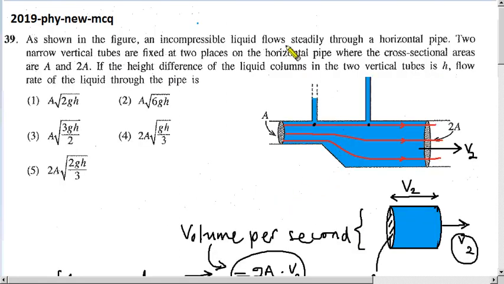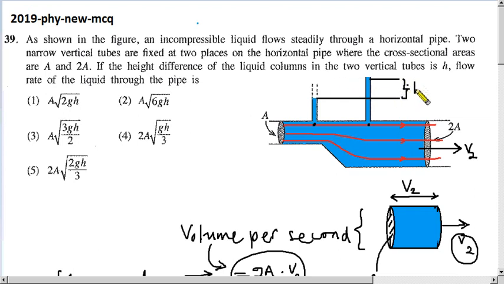So they have given the difference of these water columns, the height difference of the liquid columns in the 2 vertical tubes, as simple h.